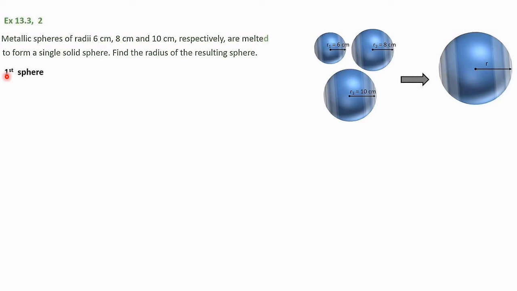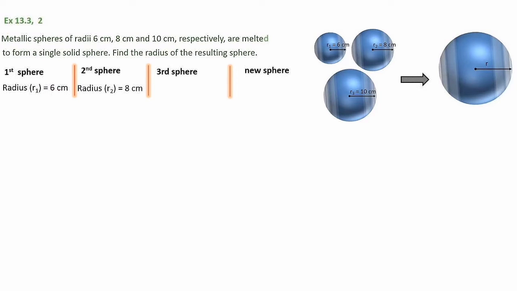So let's take the first sphere, then another one as the second sphere, and the third sphere. And we have to form a new sphere also. So these are the four spheres given to you. Let's write the radii. First radius is 6 cm, second radius is 8 cm, and third sphere radius is 10 cm. And the new sphere radius we don't know, so let's take it as R.